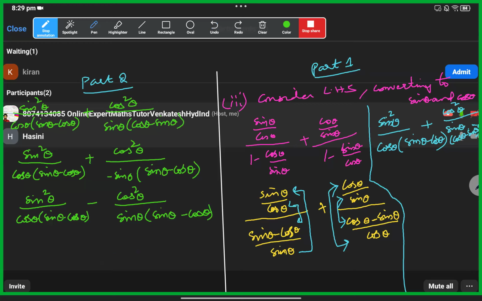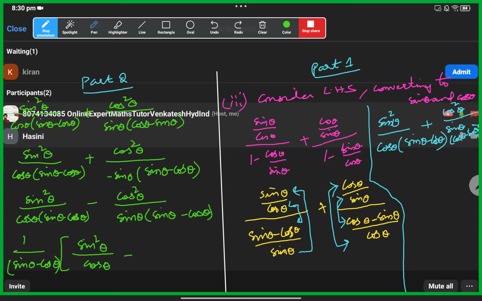So to avoid that confusion, now I'll take common. In the numerator nothing is common, means 1. Both the denominators have sin theta minus cos theta, so that part should be taken only 1 time. I am taking it common, and the leftover parts I am writing inside the denominator. The first fraction has sin square theta, and in the denominator we have sin theta minus cos theta taken common, numerator nothing common means 1.